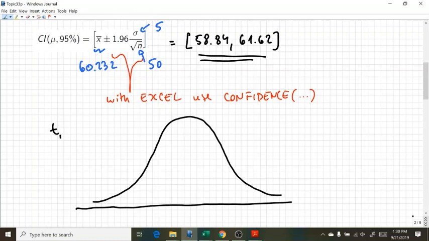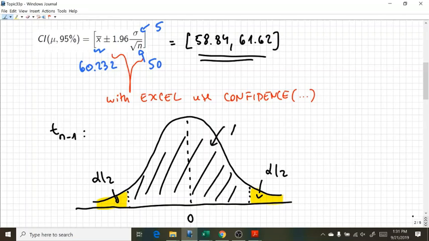Here I'm drawing the density of the Student t distribution with n minus 1 degrees of freedom. We said that it's centered at 0, the expected value is 0. And for a confidence interval I need alpha in the tails, so here I have alpha divided by 2. I evenly share alpha in the tails, and in the middle I have 1 minus alpha, right?